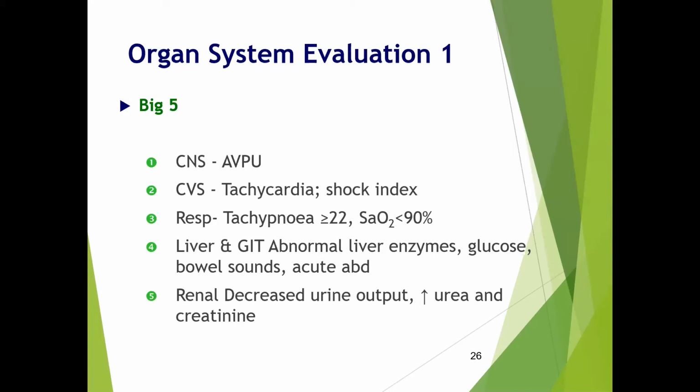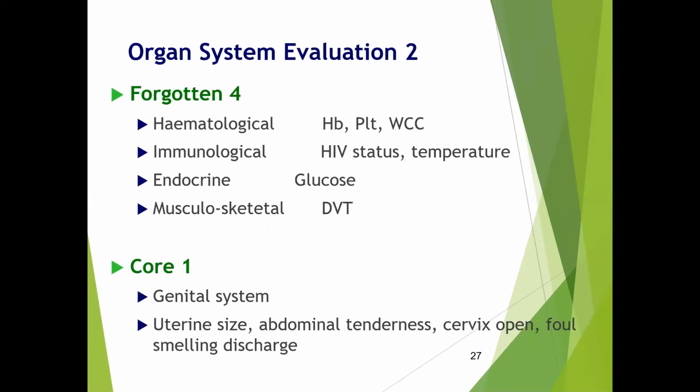And obviously, if there's any signs of acute abdomen, you're gonna take that patient to theater and sort it out. Your renal system, perfusion, you assess your urine output. If you've got a patient who's got oliguria or anuria for at least 6 hours, or the patient has got deranged kidney functions, especially your creatinine, you know that patient is in acute kidney injury. And if you don't resuscitate this patient, they can actually even end up with chronic renal failure.